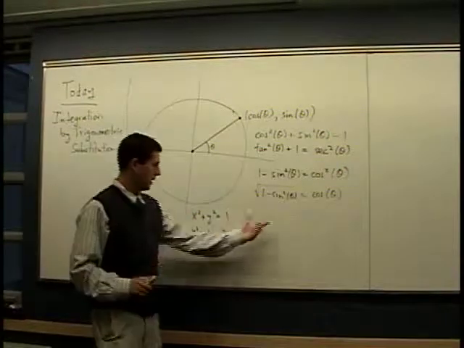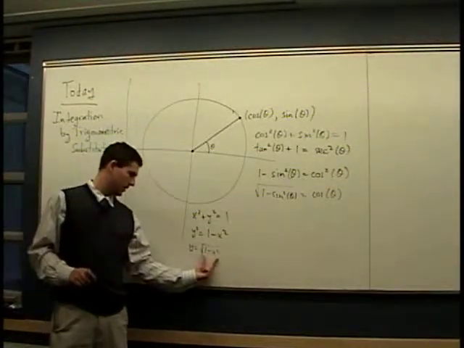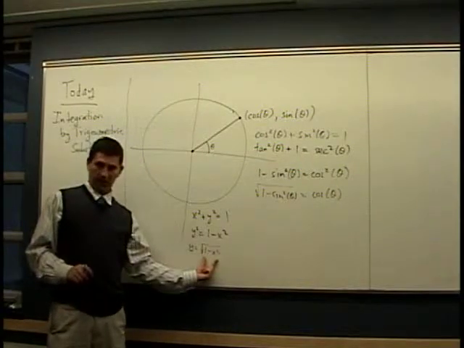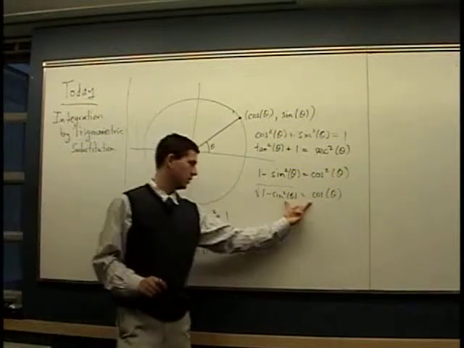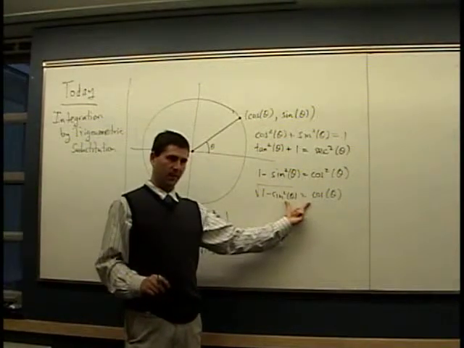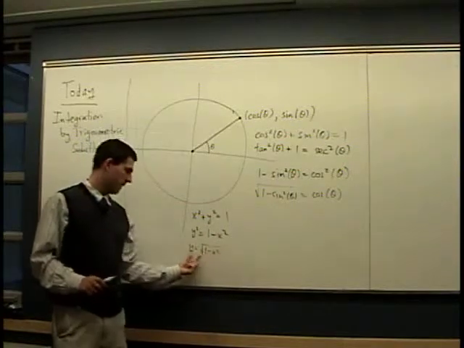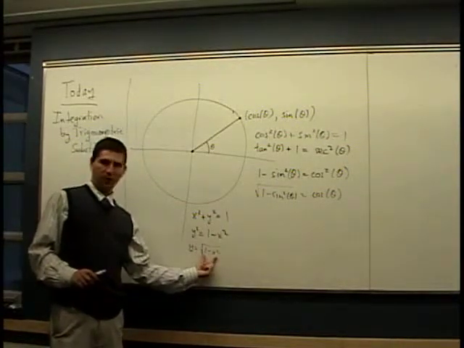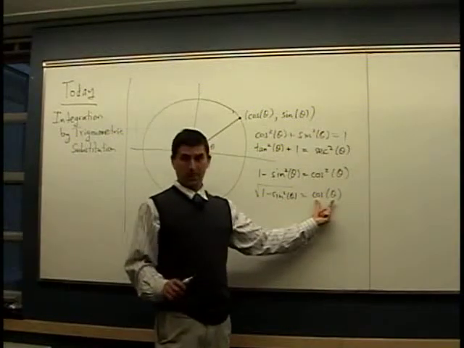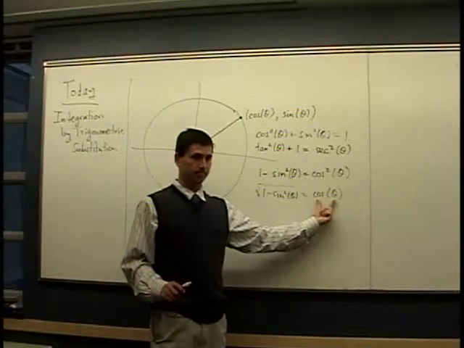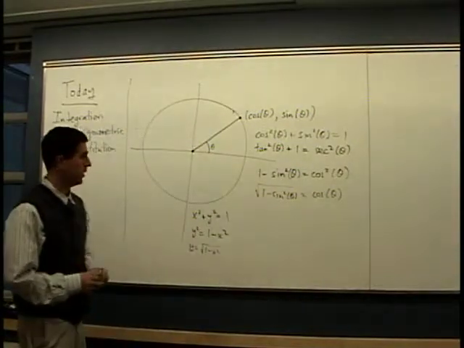So what this tells us is that if we can find an expression like this in our integral, it might be useful to turn it into this sort of expression. Because it might be difficult to integrate something like this, but we know how to integrate something like cosine. So this is where we're coming from. This is our motivation.